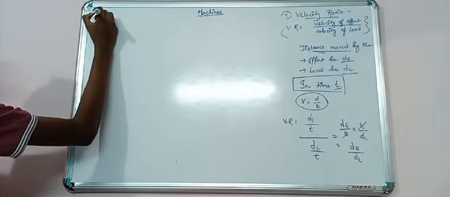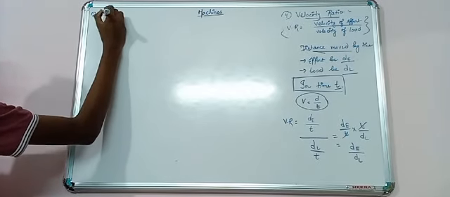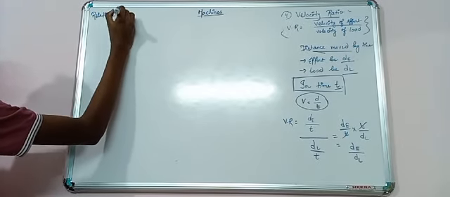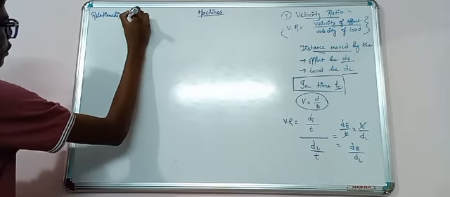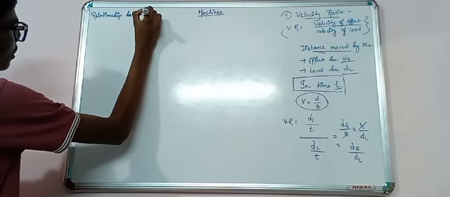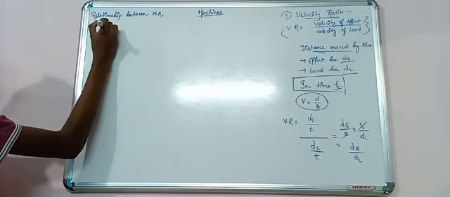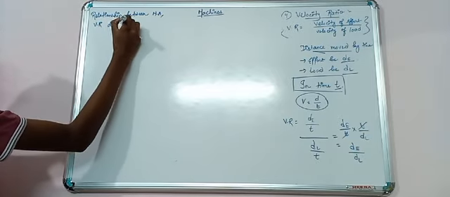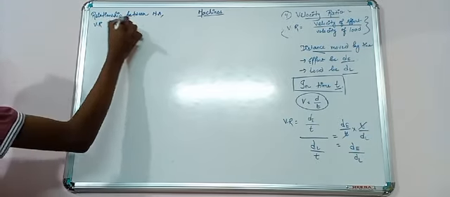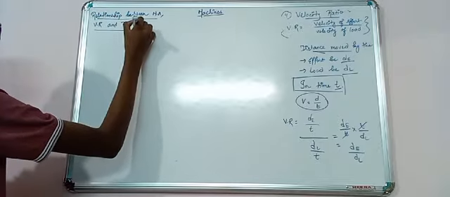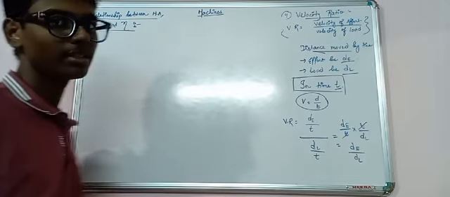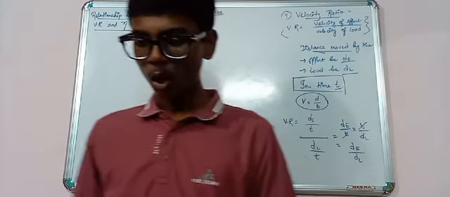Relationship. I'm writing the short form: mechanical advantage, velocity ratio and eta, that is efficiency, right? Okay.